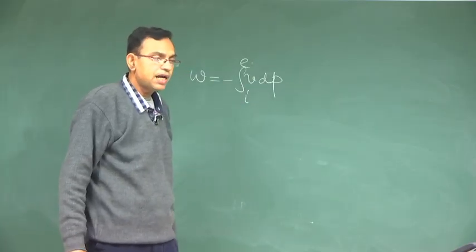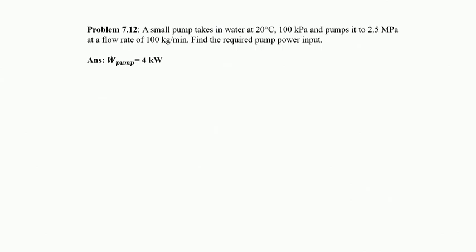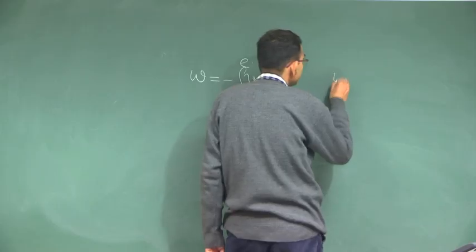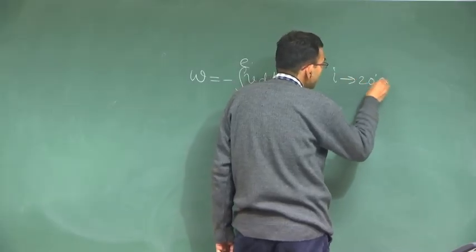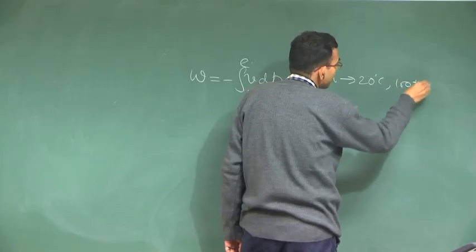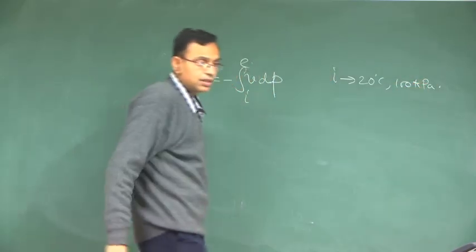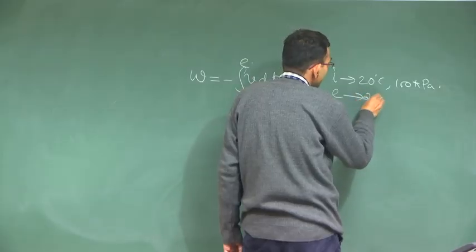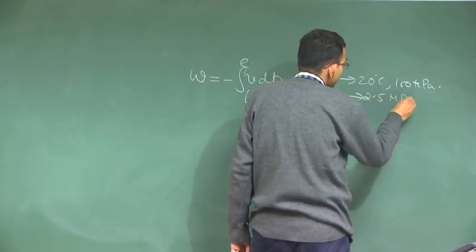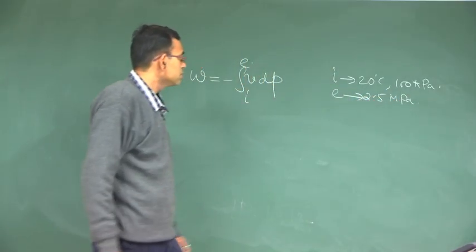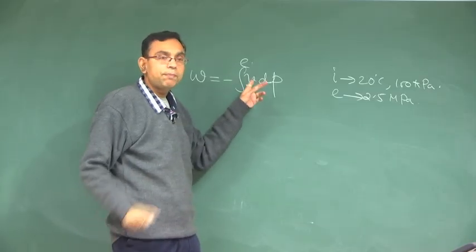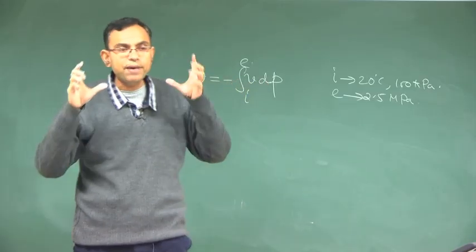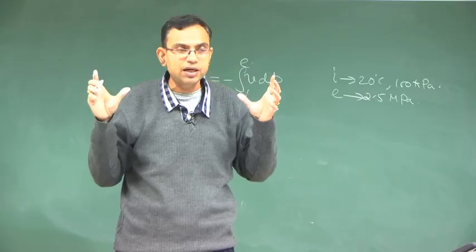So, the pump takes in water at 20 degree centigrade, 100 kilopascal, and it pumps to 2.5 megapascal. The specific volume, see this is what, as an engineering device you must have an idea.